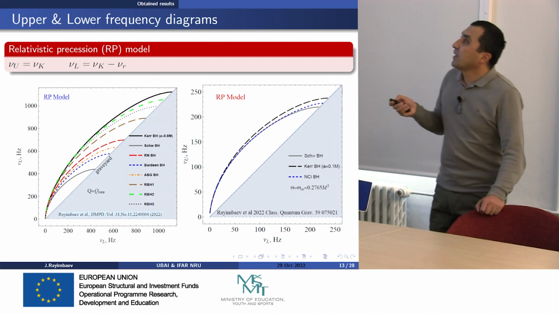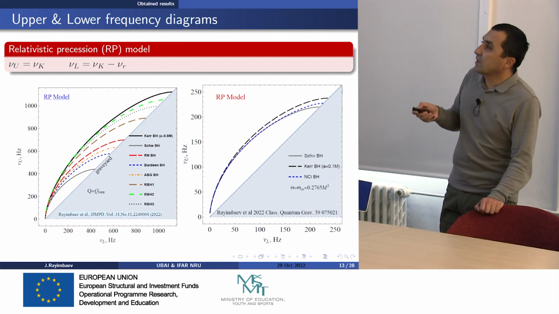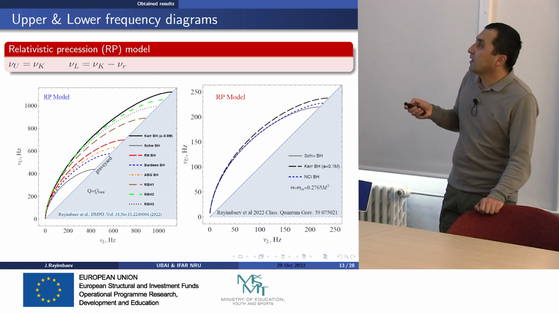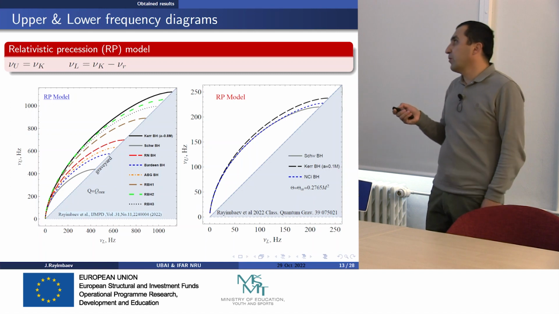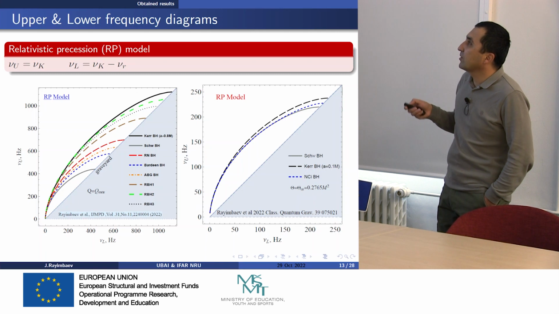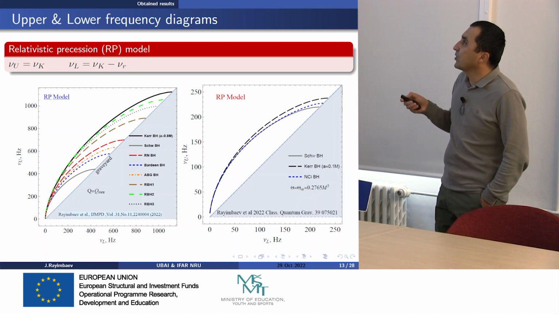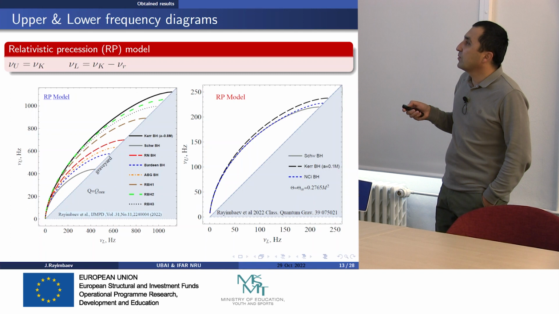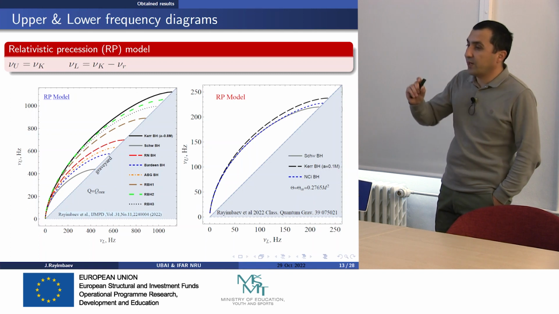So here in this diagram, this is a similar diagram for NC, so non-commutative black hole, and we show the blue dotted line for the black hole which has an extreme parameter.